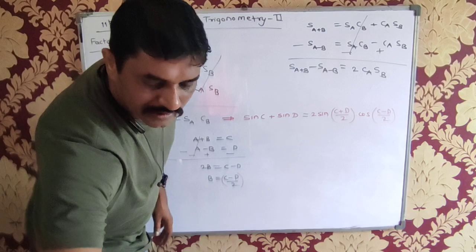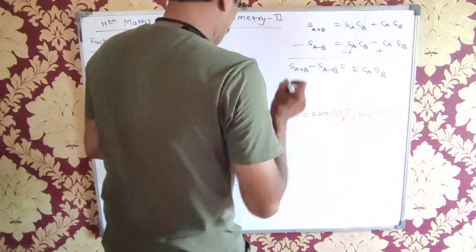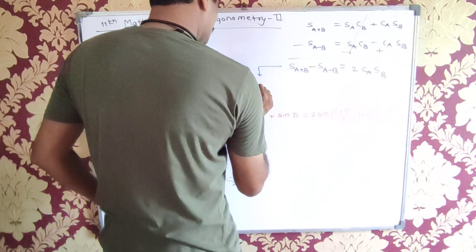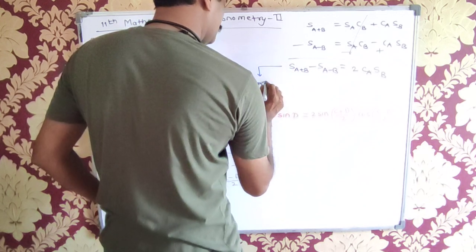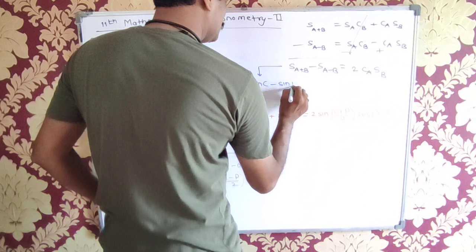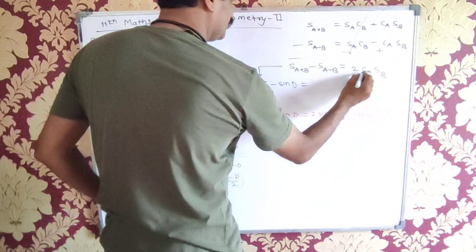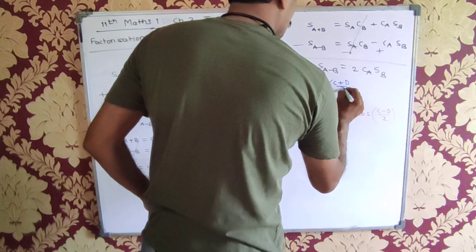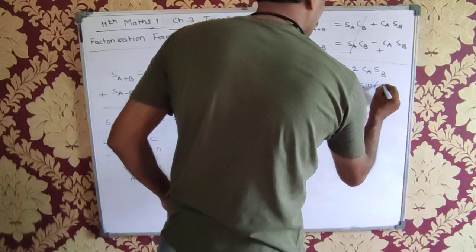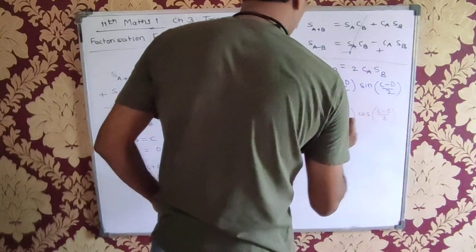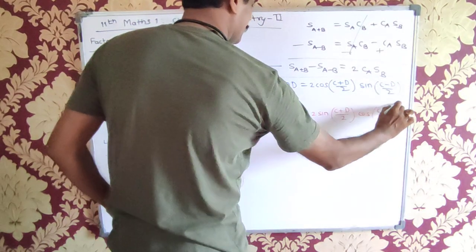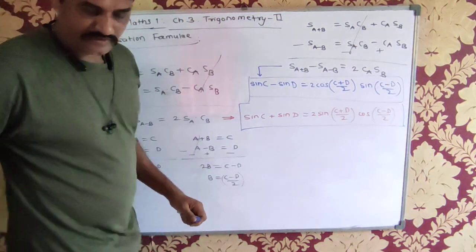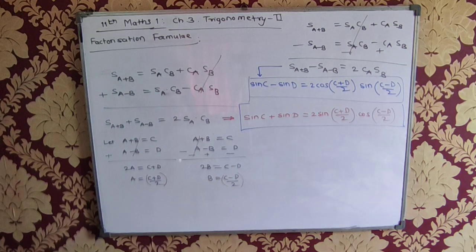Okay. Similarly, if I substitute it over here, this will give me sin c minus sin d is equal to 2 cos c plus d by 2 into sin c minus d by 2. So these two formulas become important formulas. Is that understood? Is this clear?